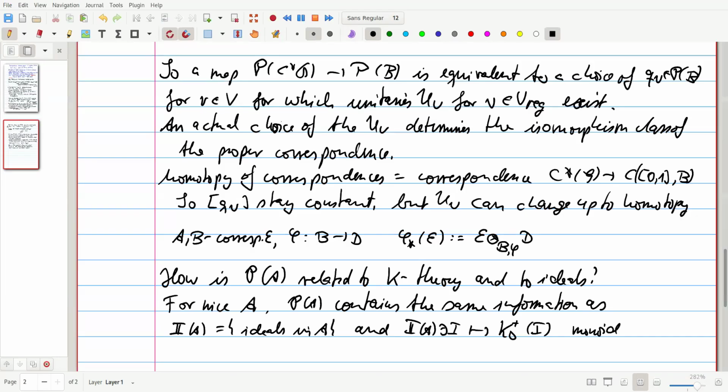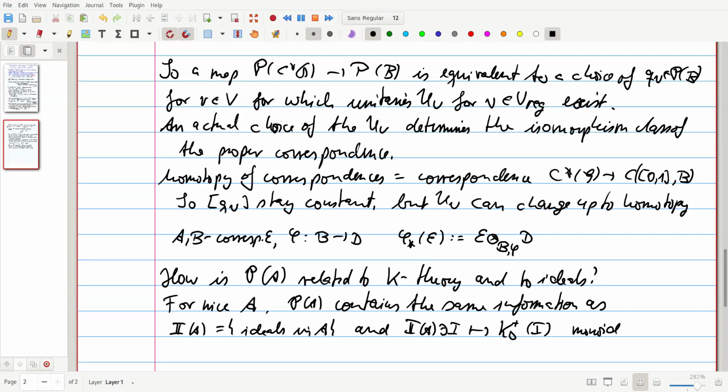So in particular for graph C-star algebras, this would be true. So the information in this monoid P of A is the same as taking the ideal lattice and then for each ideal taking this positive K-theory part. This is nice because this is something that you would see in usual classification theory.